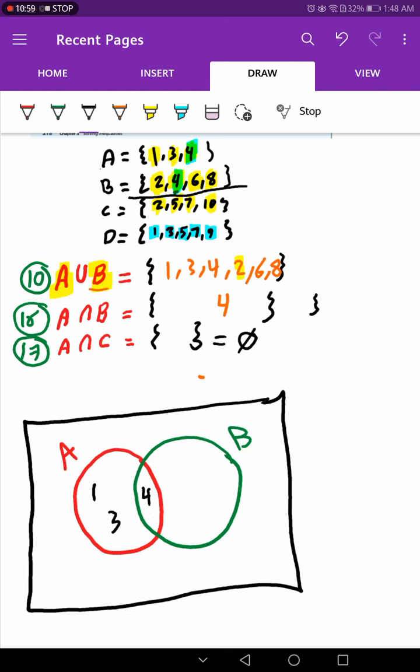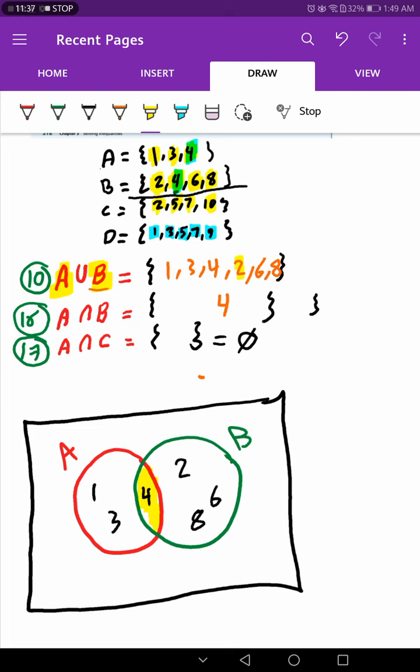I don't write the 4 again because the 4 is the similar number between the two sets. I put the 4 in the intersection area, and it belongs to the two sets, set A and set B. Okay, my dear student.